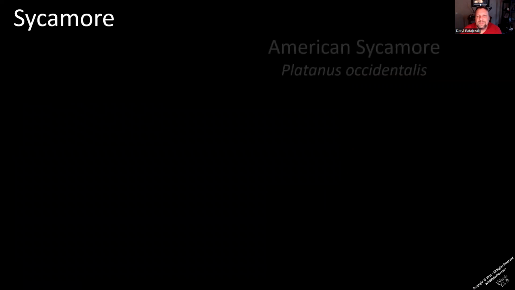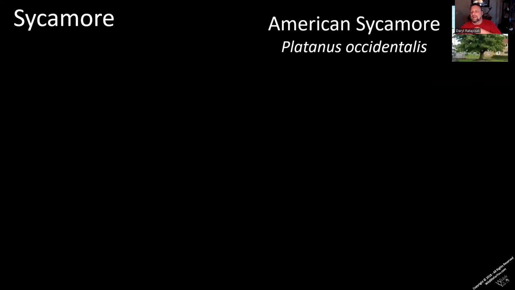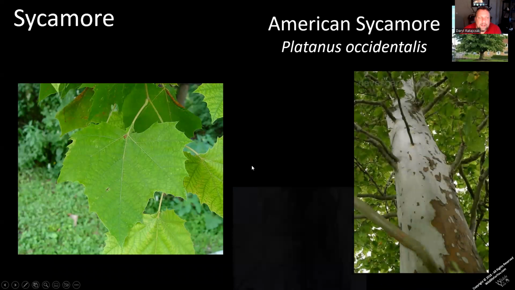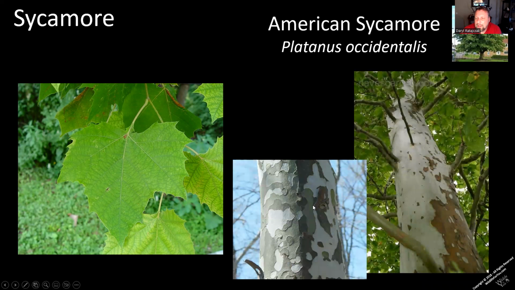Sycamore, one of my favorite trees. They have huge leaves. Very, very distinctive leaf. You don't see many leaves like it. It's obviously maple leaf looking, but they're extremely large. But the thing that gives this tree away, no matter what, is the bark. It looks sickly. Oh, I think, Jan, this is what you were talking about.